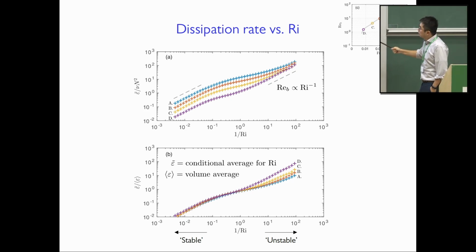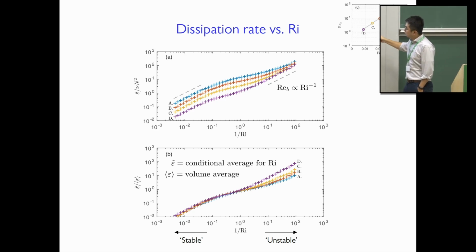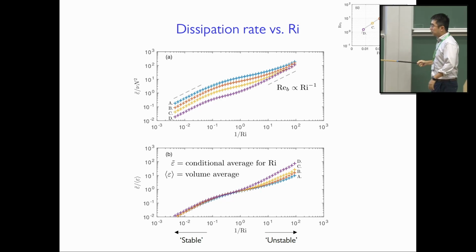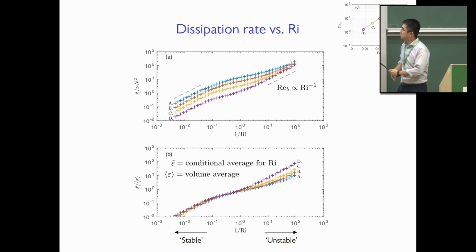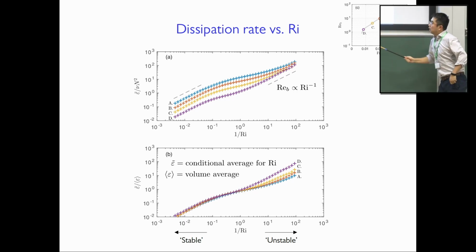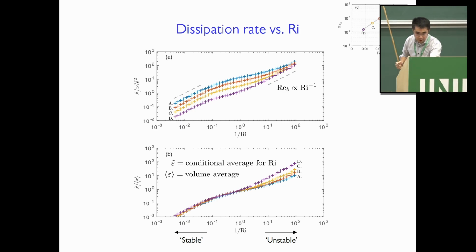For some reason, the curves collapse for the more stable regime, and I don't really know what to make of it. I think oceanographers who try to measure this volume-average epsilon would be interested in this, but it's not central to our story today.